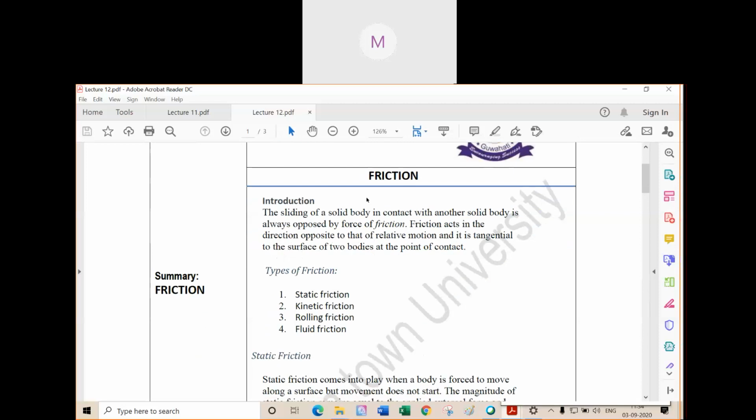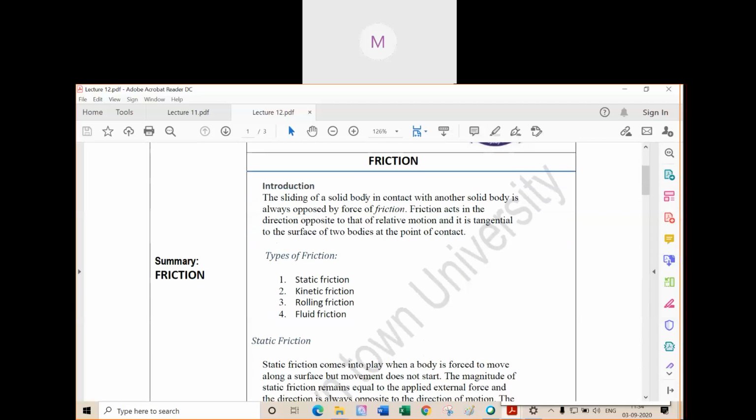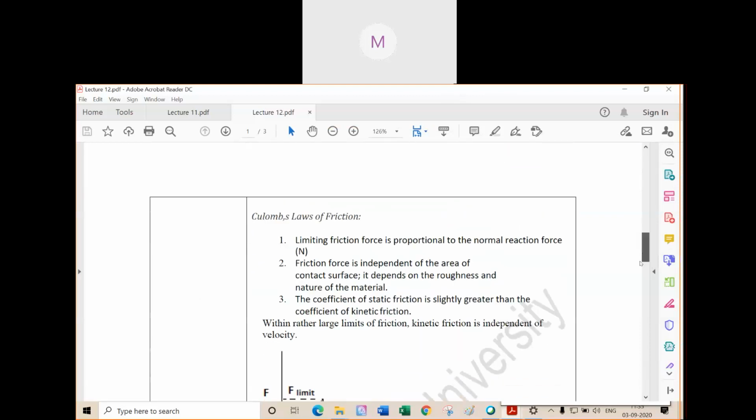This is friction. So now friction. What does friction mean? Do you know what is friction? Does anyone of you have any idea?